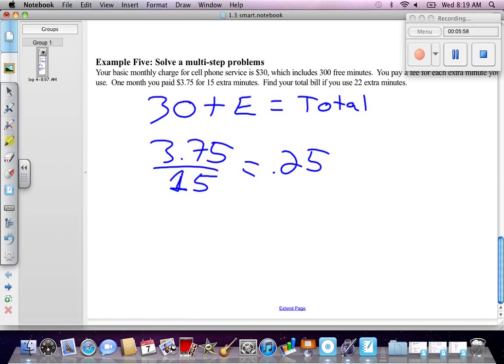So I'm going to take 30 plus 22 minutes times 0.25 is going to give me my total, because it's a quarter for every one of the 22 extra minutes, plus $30. Somebody want to tell me the answer to that one?